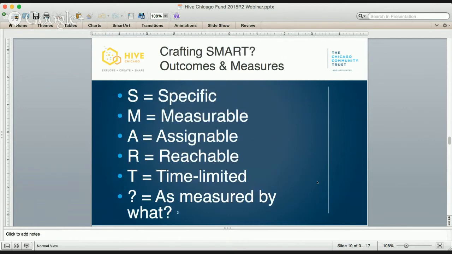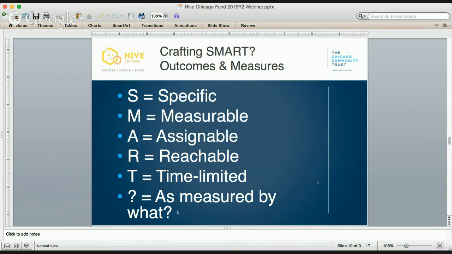One of the ways that you can draft stronger outcomes and measures is thinking about SMART. I know that most people are probably cringing inside. Why do we have to use this darn acronym? But if you haven't heard of it, and I'm sure you probably have, just as a refresher, there are some variations of what the words can be defined as, but generally speaking, S stands for specific, M stands for measurable, A is assignable, so who's going to be doing the task.